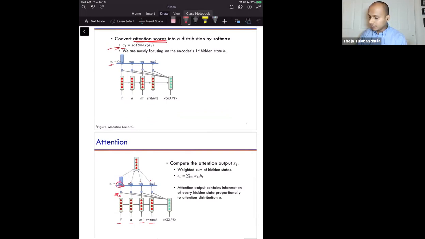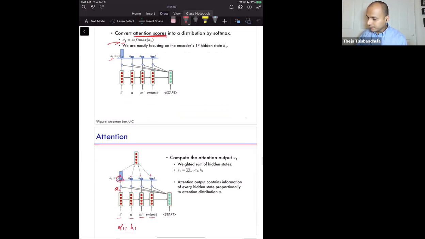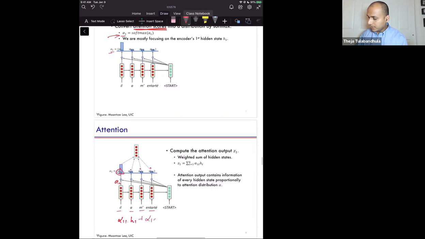We take alpha 1 1 times h1 plus alpha 1 2 times h2 plus alpha 1 3 times h3, plus alpha 1 4 times h4. The first index is just because we're producing the first output. So if the first coordinate has the highest probability, then in this average h1 will have a higher influence than h2, h3, and h4.